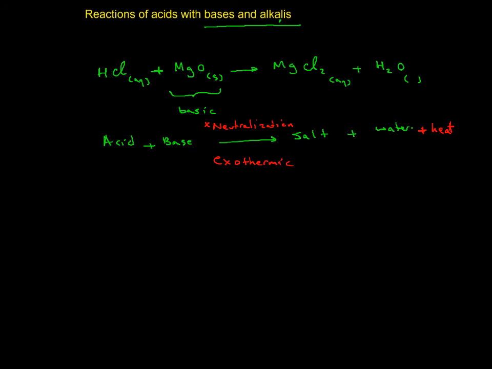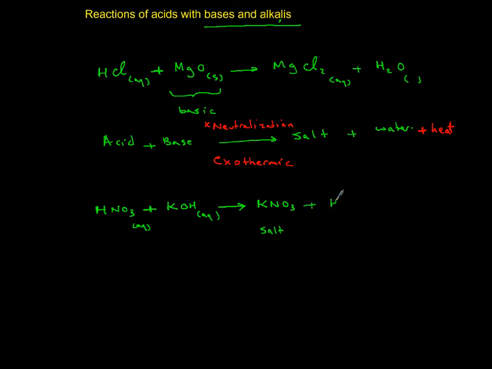Now let me give you a base that is a hydroxide. Hydroxides are good bases. If you take nitric acid, example number 2, put it with, let's say, potassium hydroxide. Now, potassium hydroxide is an alkali. It's soluble in water. Not all bases are soluble, or they're known as alkali. Now, I will give you a salt, so the salt should be nitrate, so it's KNO3, potassium nitrate, this is your salt.